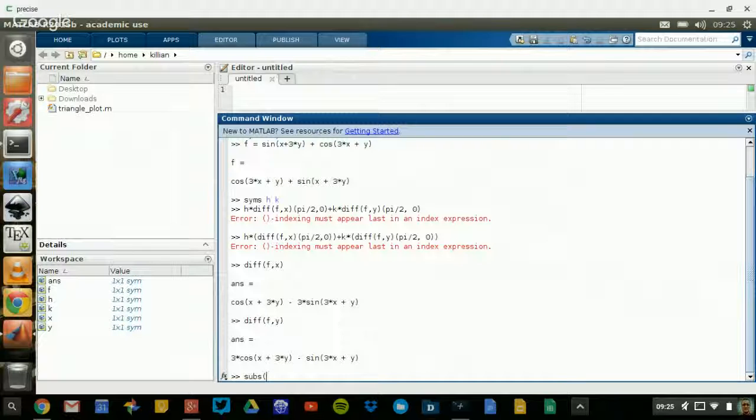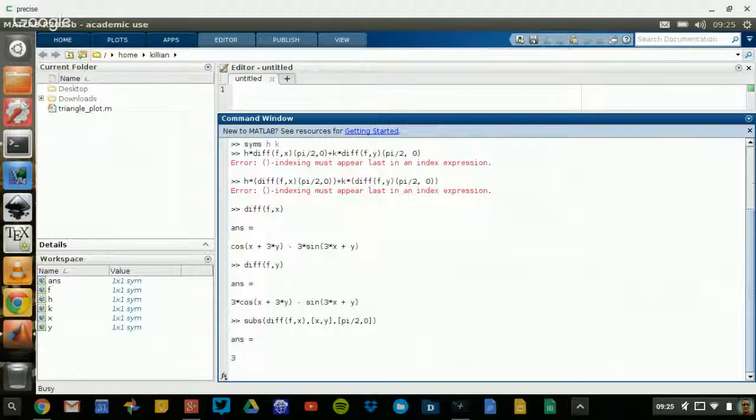Actually, I think you need to do something like this. I'm going to substitute into diff fx, for x and y. So I needed to use the subs command. It wasn't understanding me when I was just trying to pass pi over 2, 0 into diff fx. I needed to use the substitute command.